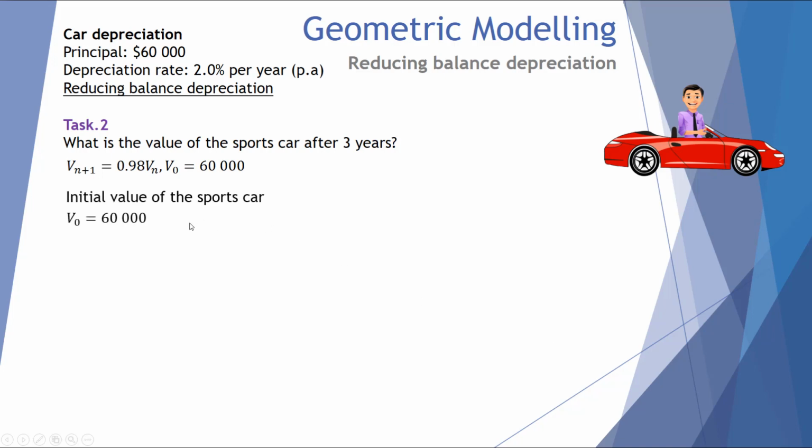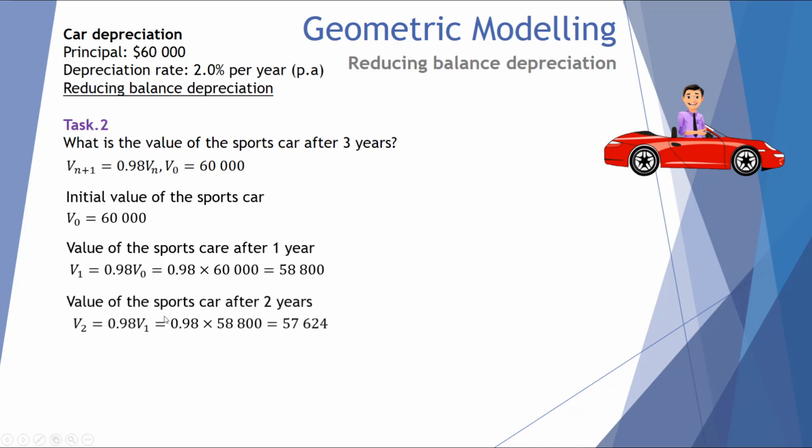So the initial value of the sports car, V0, was $60,000. After 1 year, we would take that $60,000 and multiply it by the growth rate of 0.98. That will reduce it down to $58,800. The value of the sports car after the second year, we take this value, V1, and we multiply it by the growth factor of 0.98 to calculate V2. That will reduce it to $57,624.